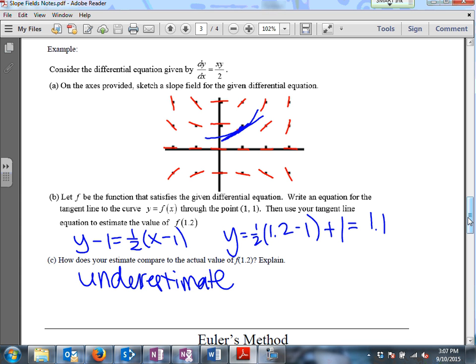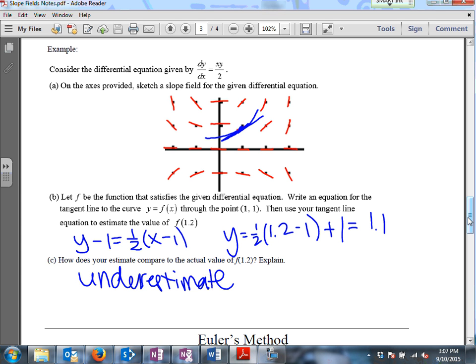Okay. Now, since we have the slope field and we have a visualization, we can see that it's concave up, excuse me, because we can see the trend of our slopes. If we didn't have that visual, what would we have to find? The second derivative. And do we know how to find the second derivative of that?